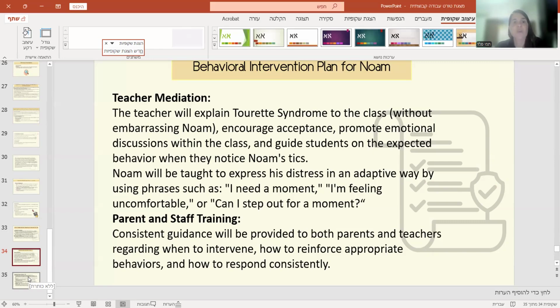Noam will be taught to express his distress in an assertive way by using a sentence such as I need a moment, can I step out for a moment? Also, parent and staff training. Consistent guidance will be provided to both parents and teachers regarding when to intervene, how to enforce appropriate behaviors, and how to respond consistently.